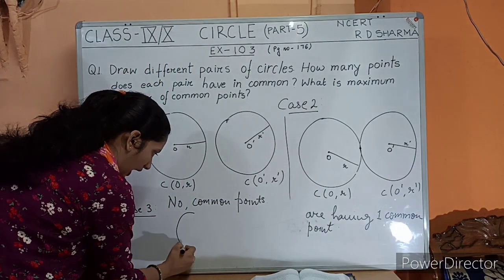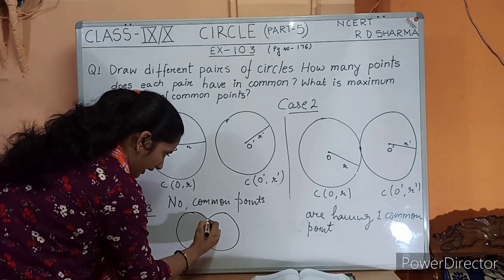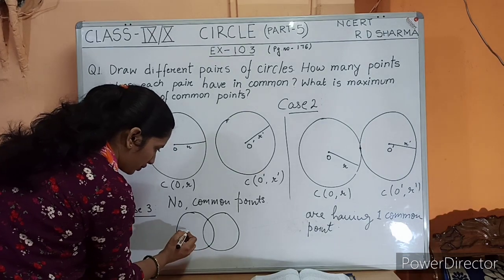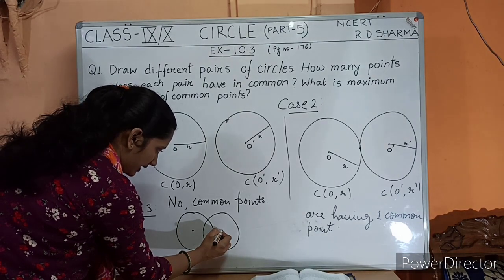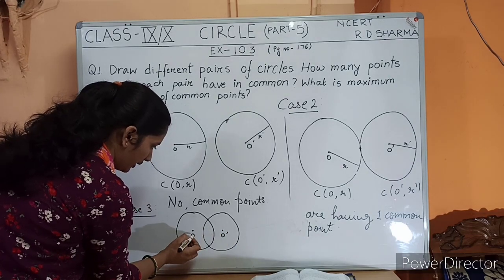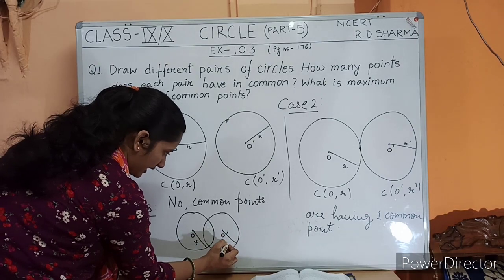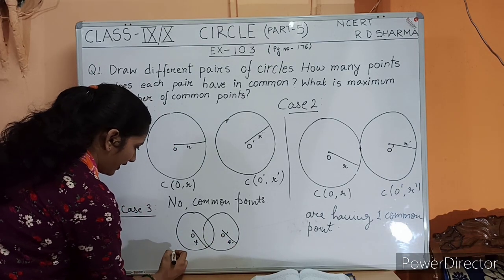So let us see how to draw that type of circle. It could be like this, isn't it? Here you can see two touching points or two common points. This is circle 1. This is circle 2, its radius is R, its radius is R dash.